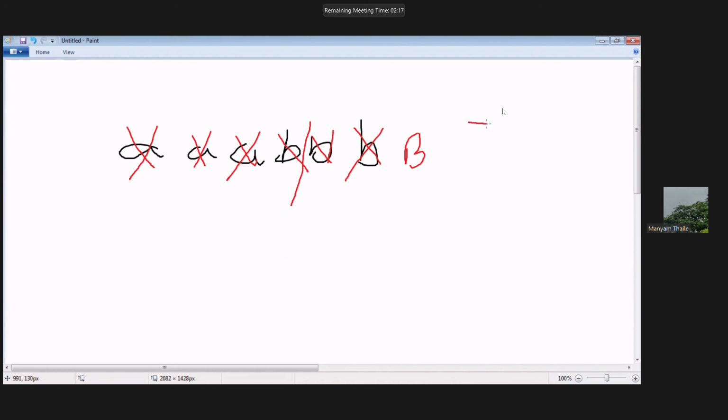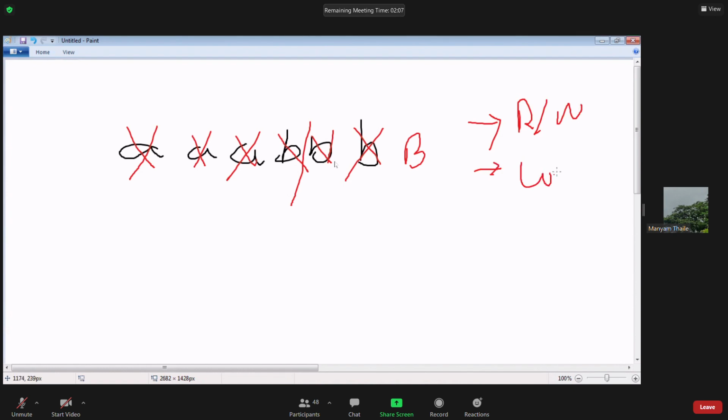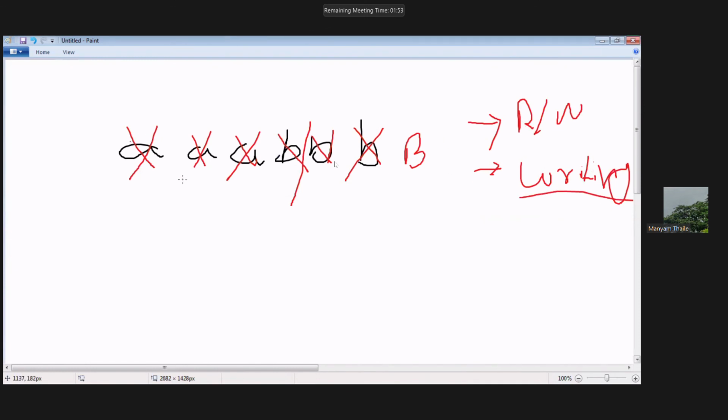In this, you observe the direction of the read-write head. It moves left or right, and we are writing some variables or symbols over the input symbols. So the read-write head is moving in both directions, writing some symbols.